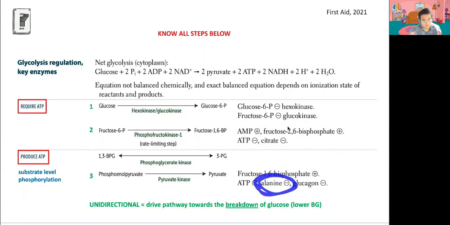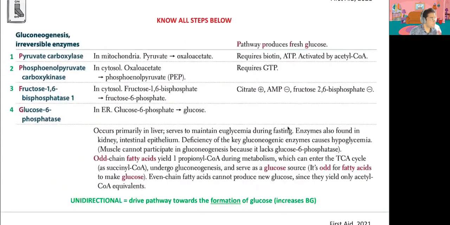So alanine is one of the things that you're going to cover later this week. Glucagon makes sense because remember, we want to create glucose rather than break it down, right? Glycolysis is the breakdown of glucose, whereas when you need to release it, you want to inhibit this pathway so you can do gluconeogenesis, okay?